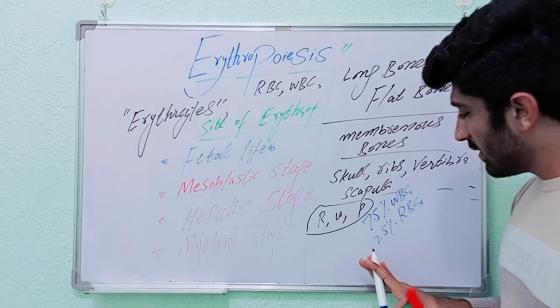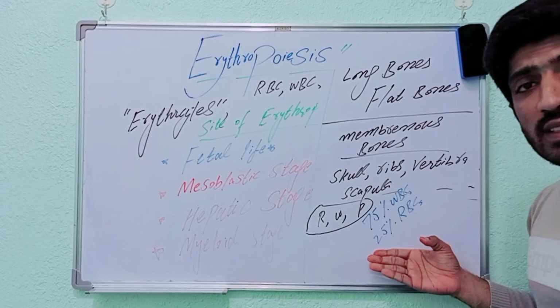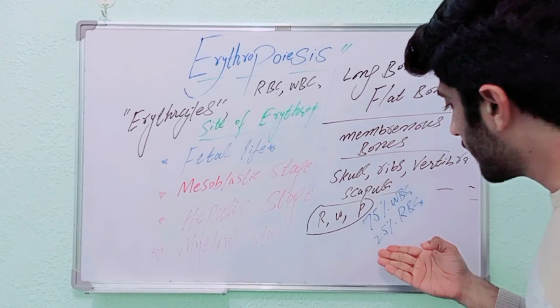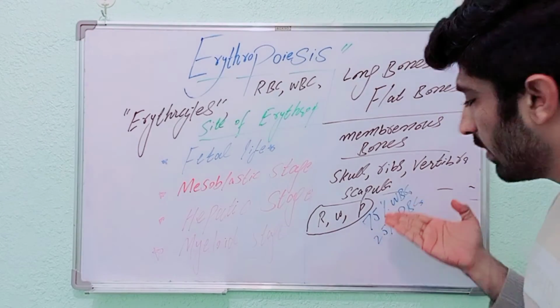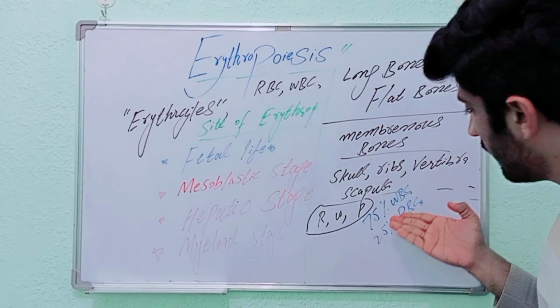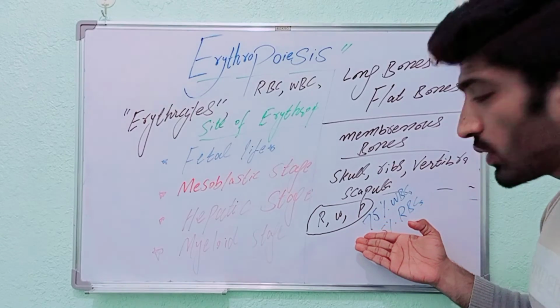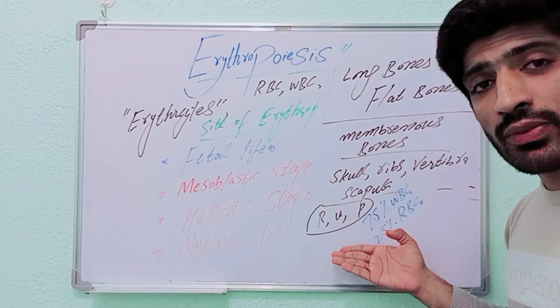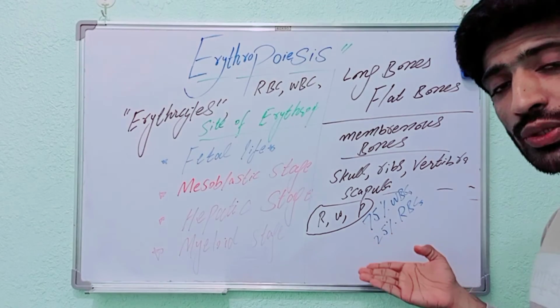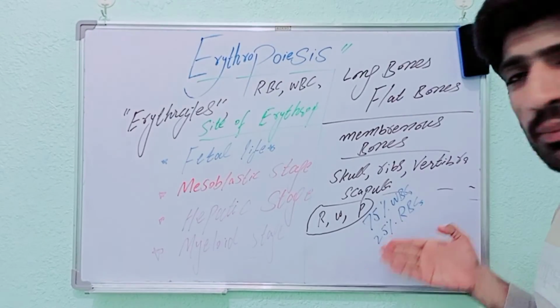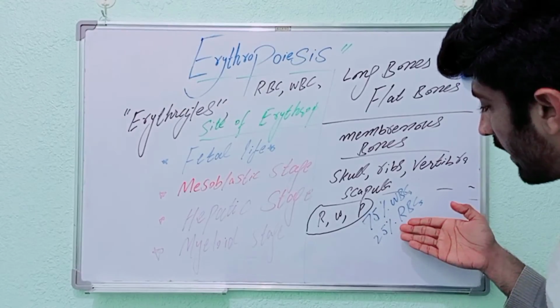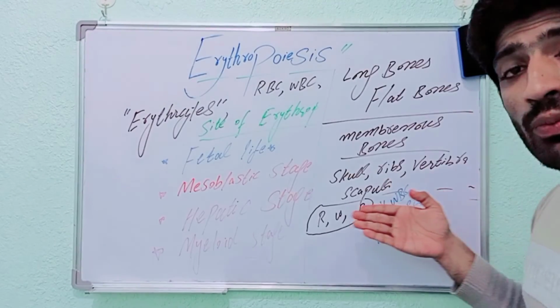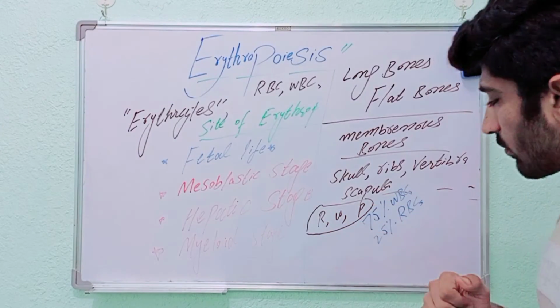But the value of RBCs in the blood is greater than WBCs. Here we are discussing that red bone marrow produces 75% white blood cells and only 25% red blood cells. But why is the value of red blood cells greater than white blood cells?